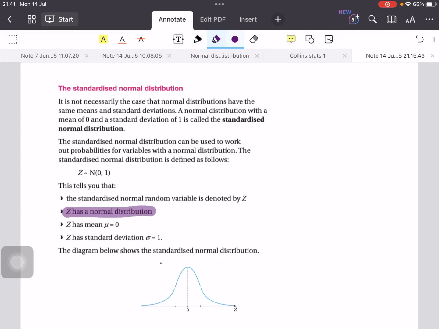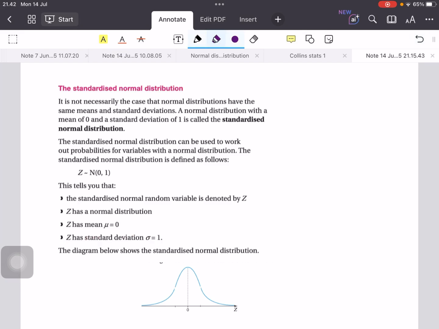N means normal. If we draw the diagram, it is symmetrical about the axis of symmetry, which is actually the mean. So the mean, denoted by mu, is 0 for the standardized normal distribution, and the standard deviation is 1.